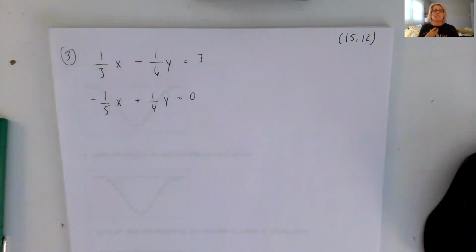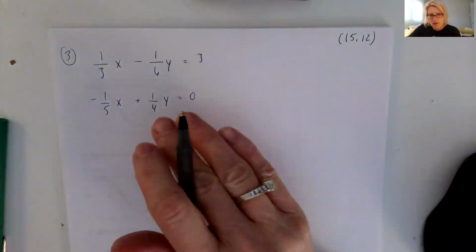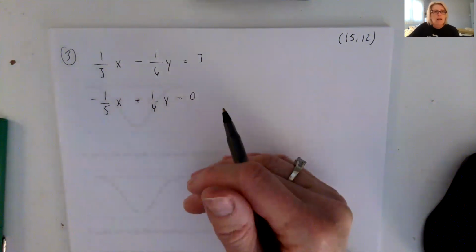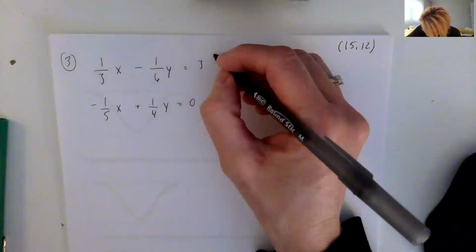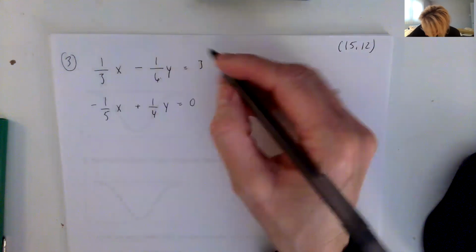Okay. I personally do not like working with fractions. So the first thing that I'm going to do is go back to what we did in chapter 1 where we eliminated the fractions. And so to do that, I'm going to multiply row 1 by my least common denominator, which is going to be 6.